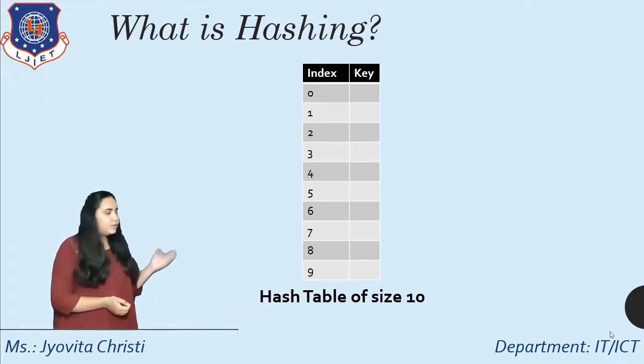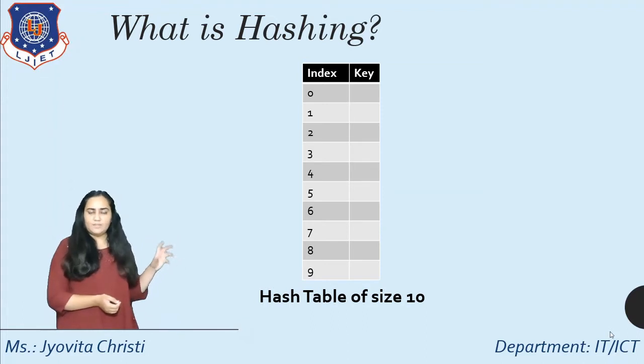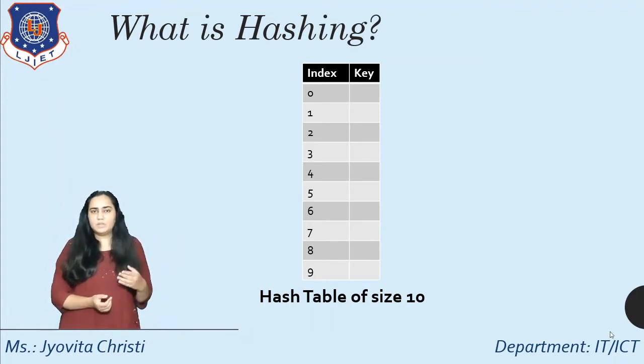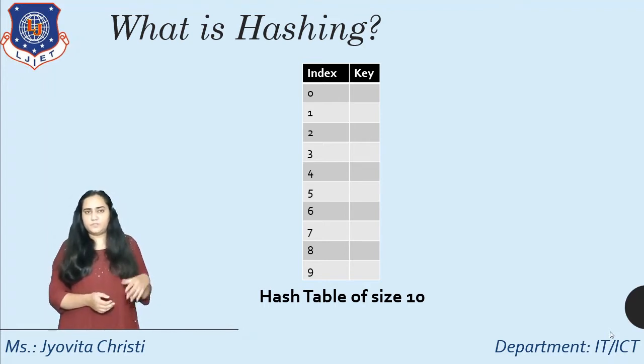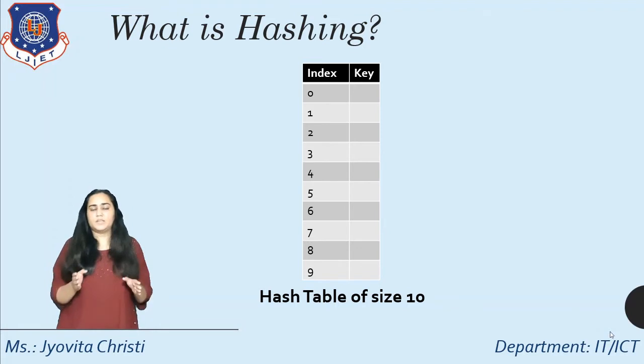What you can see on your screen is a hash table of size 10. But that doesn't mean you need a hash table of size 10 always. In practice, you'd require a hash table that's a lot larger. But for the purpose of examples and simplification, I'm going to use a hash table of size 10 for all the examples that I'll be explaining in this video.